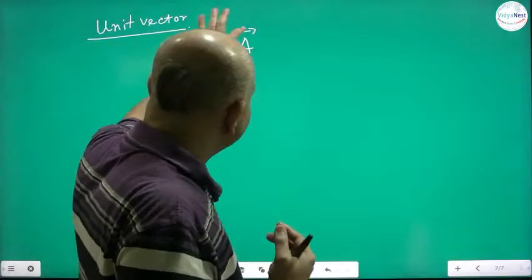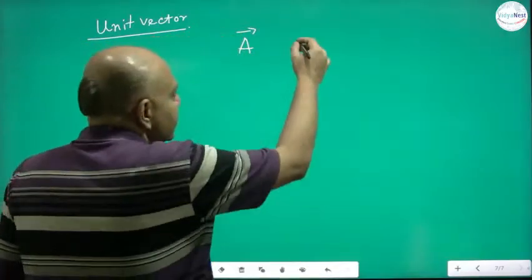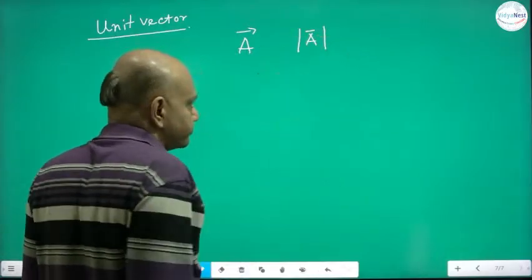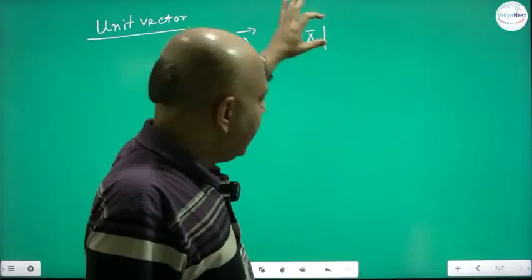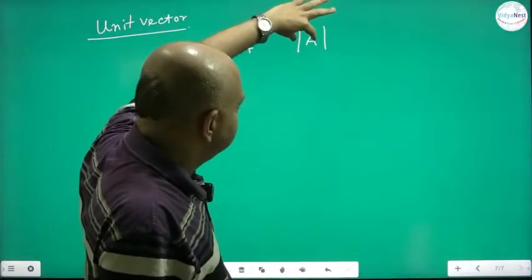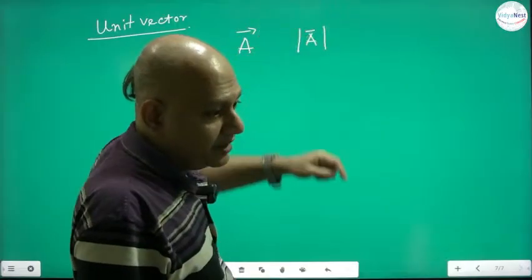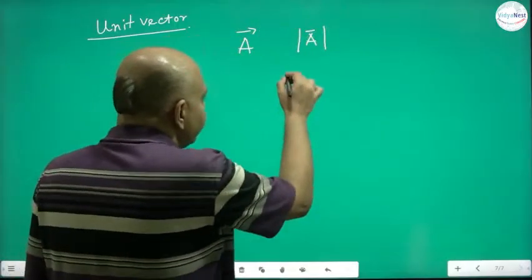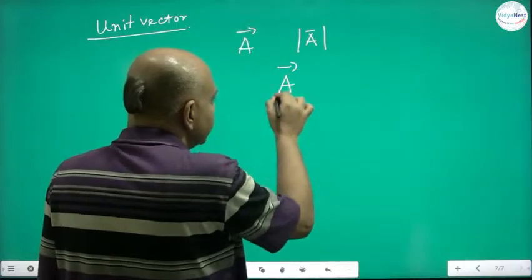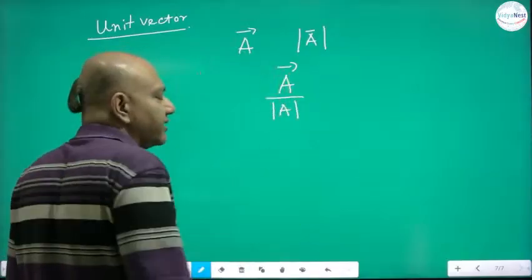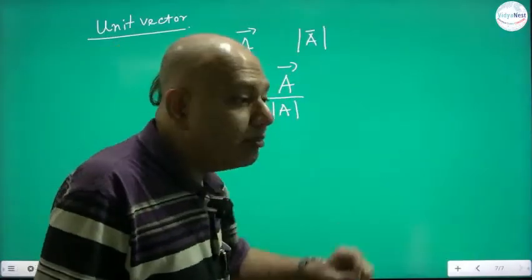You see, this is vector A and its magnitude is written this way. I have to put 2 bars around the vector. It is called magnitude of the vector. So therefore, vector A divided by magnitude is called unit vector, and unit vector has a symbol.